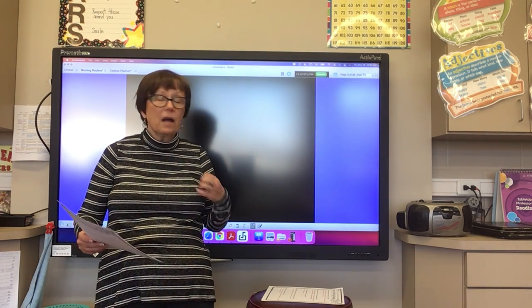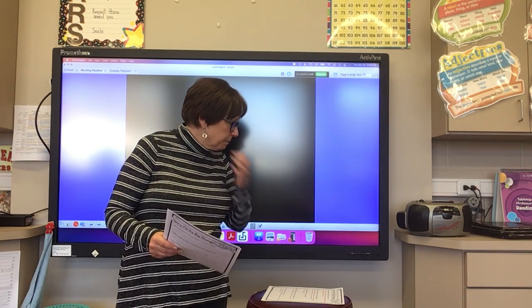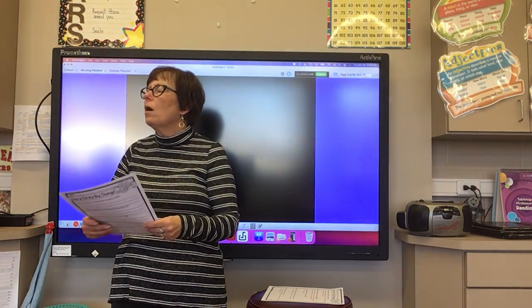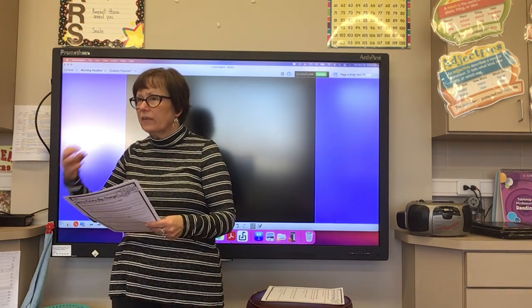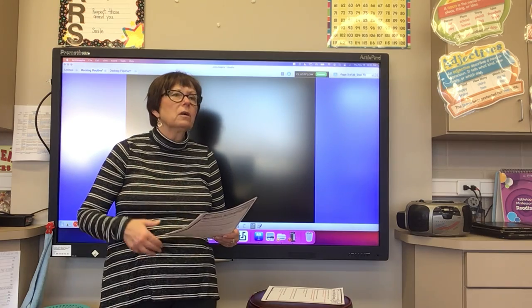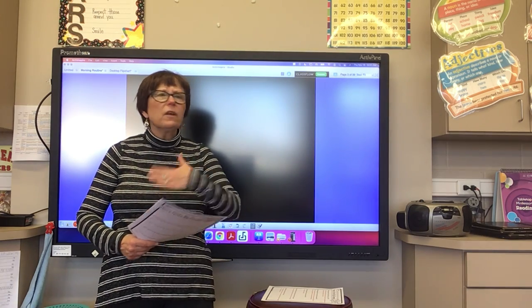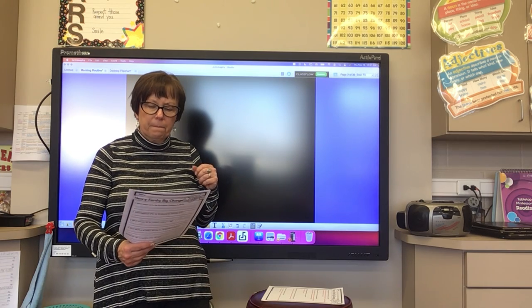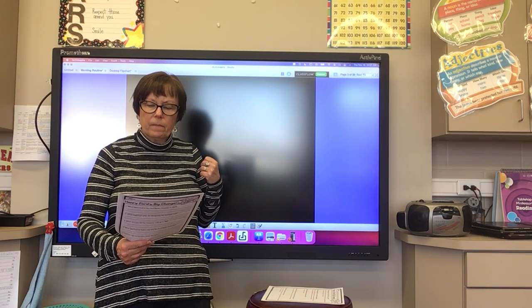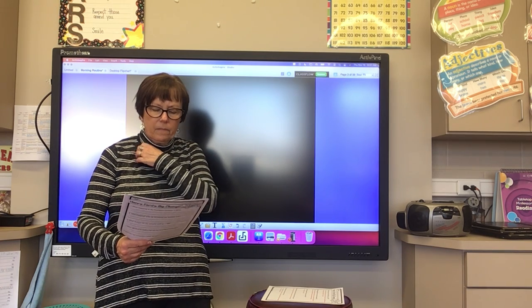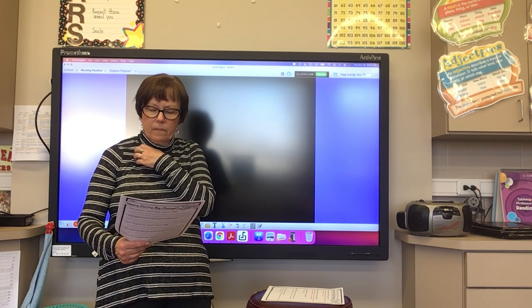He revolutionized car making. So, do you see anything in here that lets you know that sequence is an important text structure in here? What gives you that tip off? Yes. The dates, like 1901, and then they go 1903, and then they go to 1908.